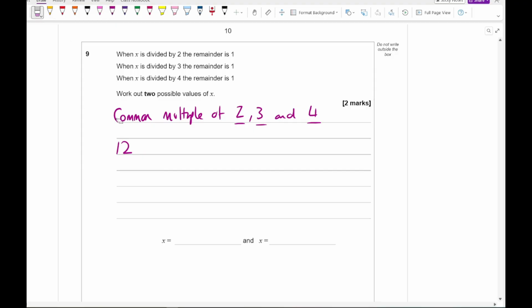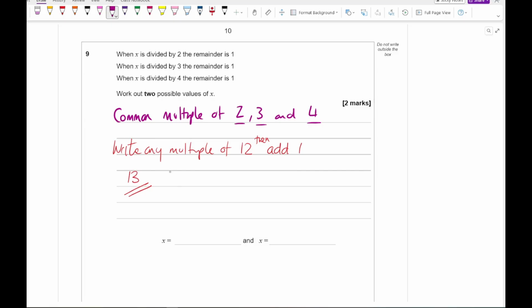And let me just write that down. So write any multiple of 12, and then because we want a remainder of 1, we then need to add 1. So a common example will be 12 plus 1, which is 13. So that's one possible answer. Another answer would be 24 plus 1, which gives us 25.